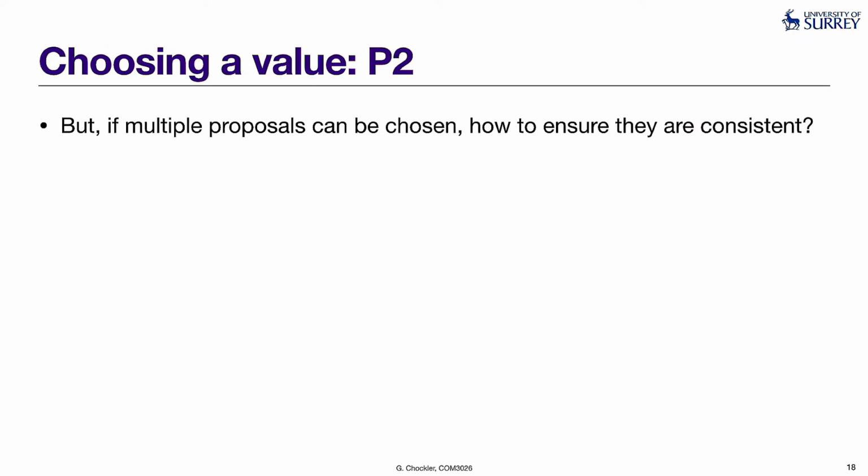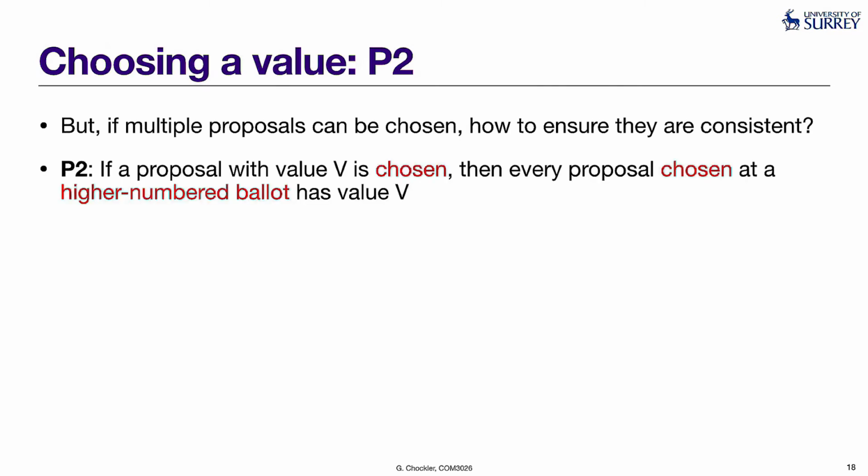But now we have another complication, and it is as follows. How can we ensure, if multiple proposals can be chosen, that they all are consistent? The key is that now we have unique identities to these proposals, which are the ballot numbers. Since they are unique, they induce a total order.